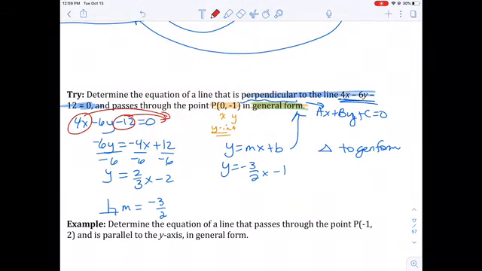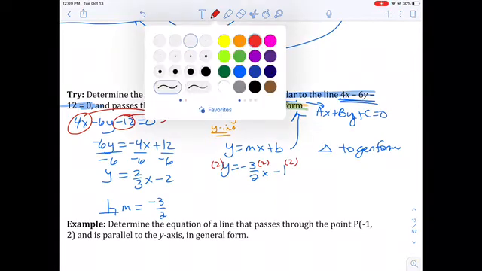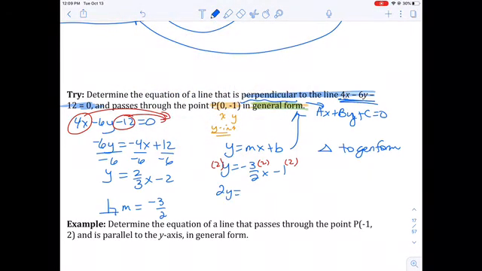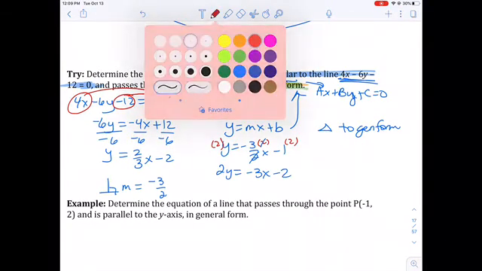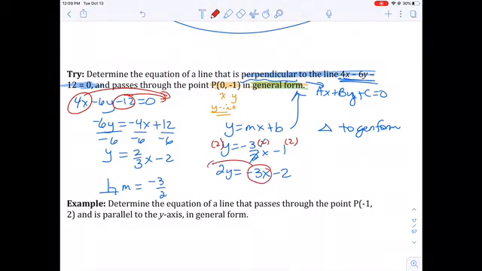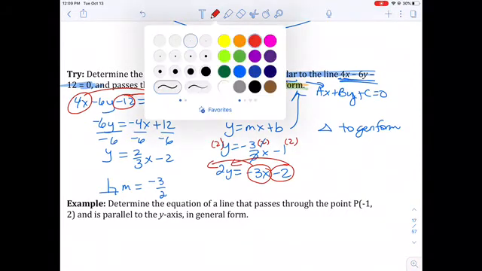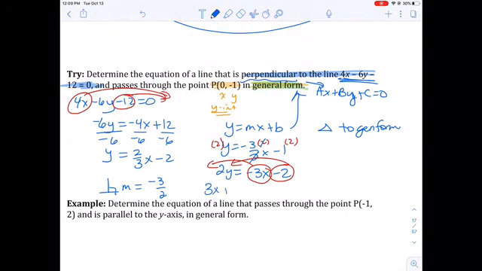I'm going to do that by multiplying by 2, and we've got 2y is negative 3x minus 2. These 2's cancel here. And now to change it to general form, I need to move the negative 3x over to the left, and we've got 3x plus 2y plus 2 is equal to 0. And there we go.